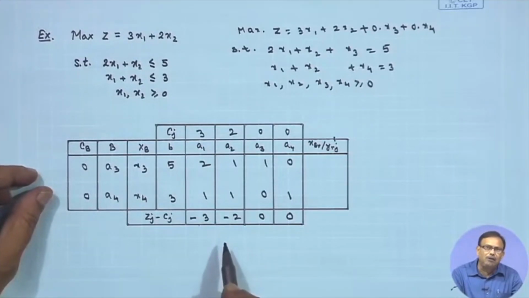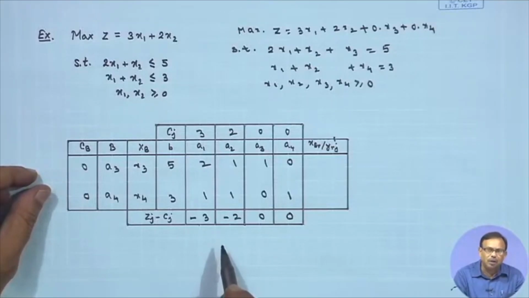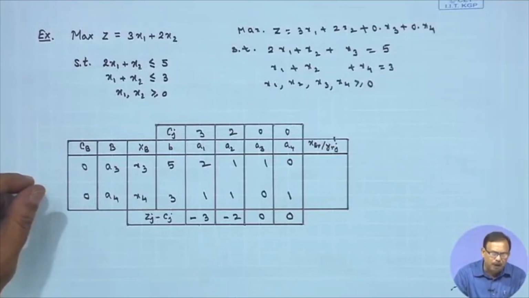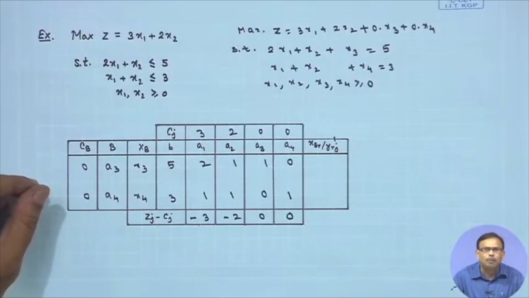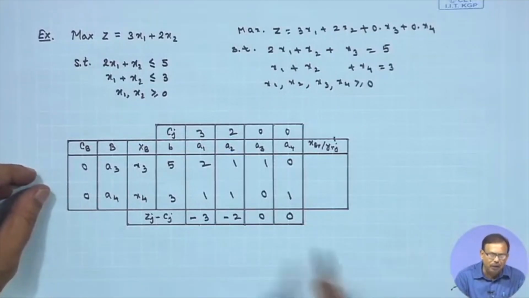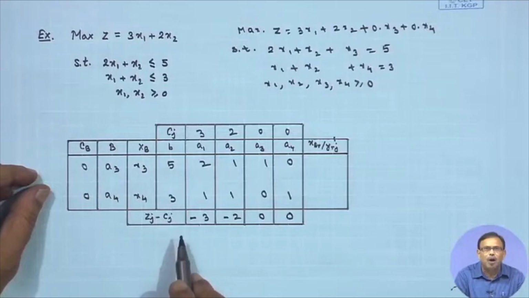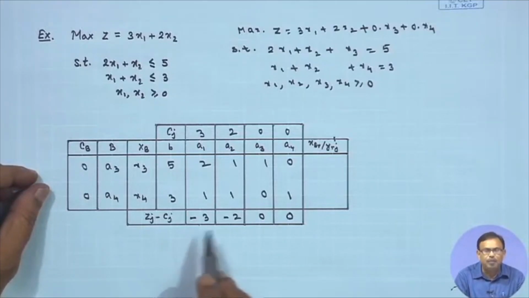So, initially, as you may remember, we were talking about the case where a feasible solution may not be present. So, let us see how to obtain the optimal solution whenever in the initial table the optimality condition is not satisfied, that is z j minus c j is less than 0.